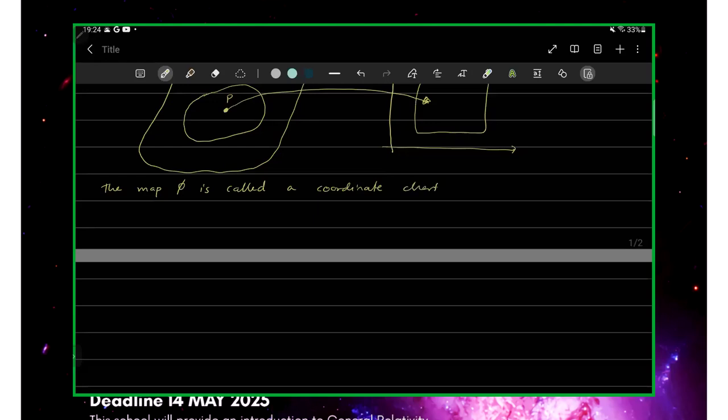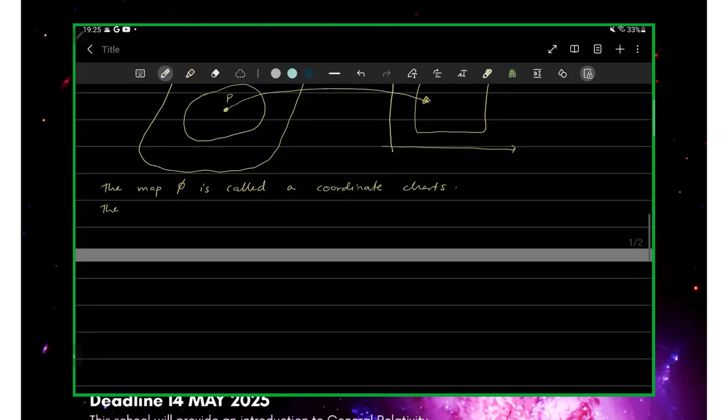Because it charts the coordinates on M. And in general, we would require more than one chart to cover the entire manifold. And a collection of all of these charts is called an atlas. So the collection of charts is called an atlas.